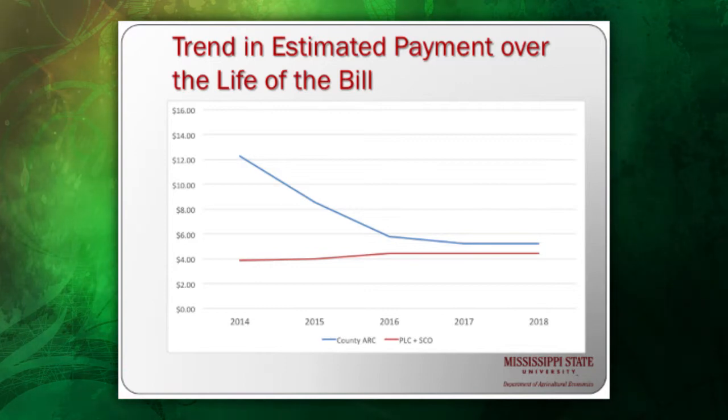And so as you look at our results for the county-triggered ARC program, or PLC and SCO, the Olympic average of the ARC program results in much higher payments in 2014 and 2015, and then the two programs really approximate each other in the last 3 years of the program.